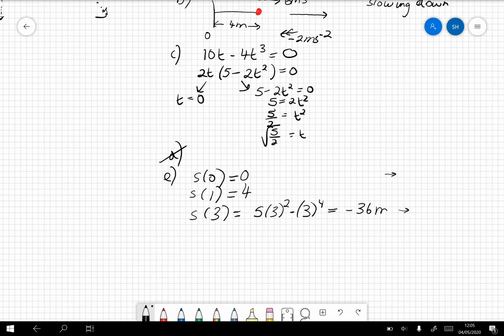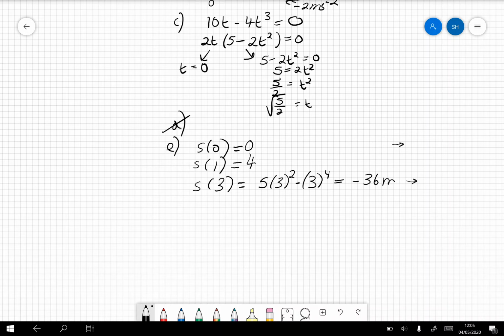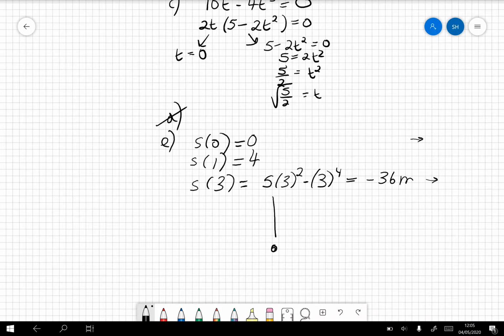The problem with that is, well, let's just think of a little graph of this. So here's time 0 and the origin. So our particle starts here. The first thing our particle does, and we already know this because we looked at time 1, is travel this way, and when t is 1, we knew we were at 4 meters.